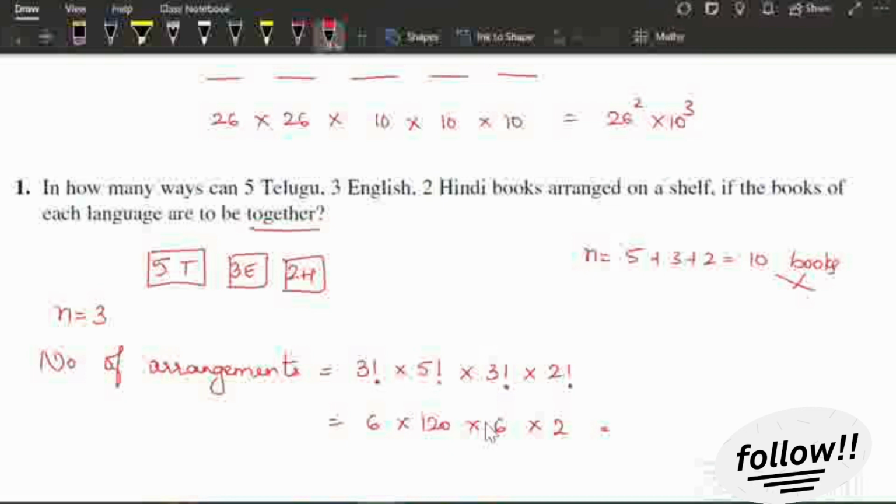It is 8640. So 8640 different arrangements are possible, right?